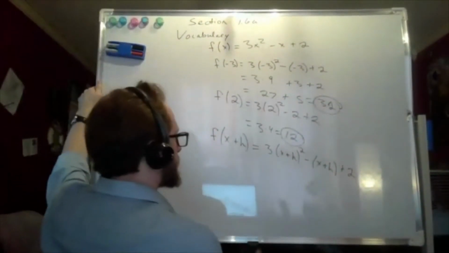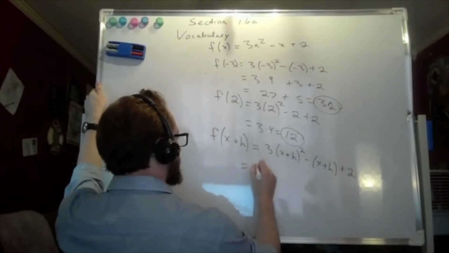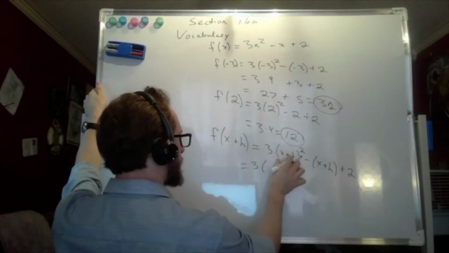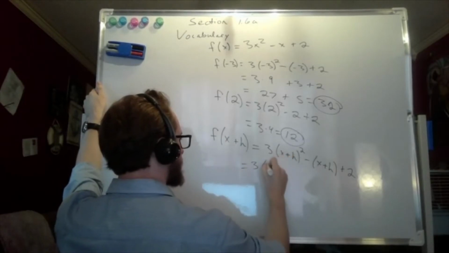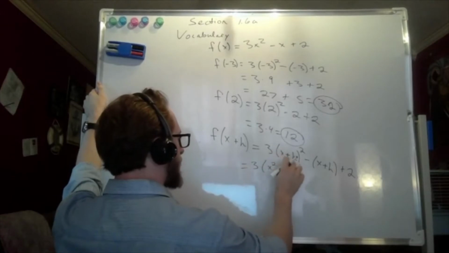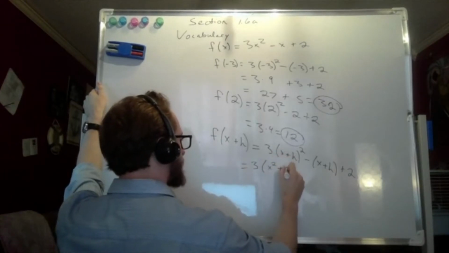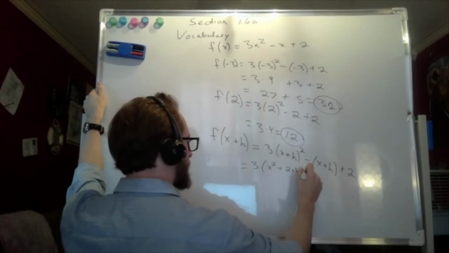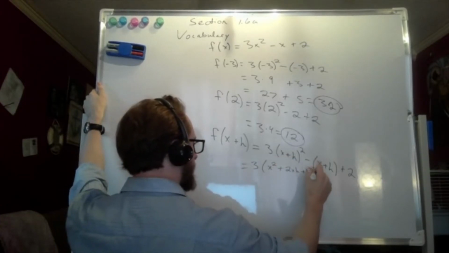And then from here, we just work through the algebra. So we have 3 times, when we square this, we square the first term, x squared, plus double what you get when you multiply them together, so plus 2xh, plus the square of the last term, h squared.